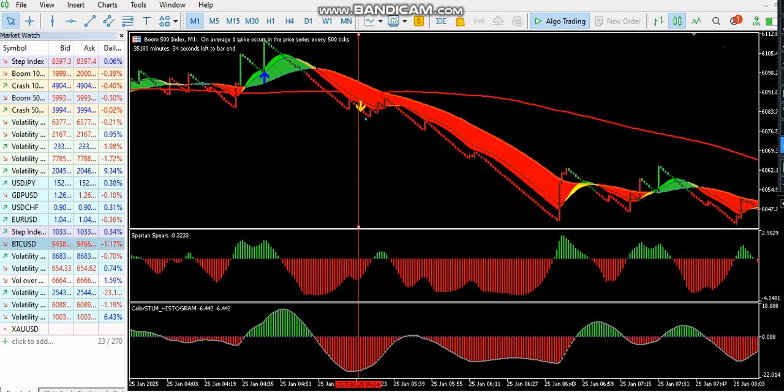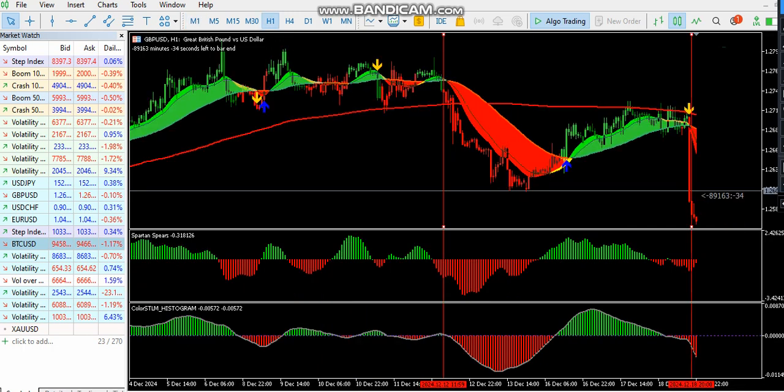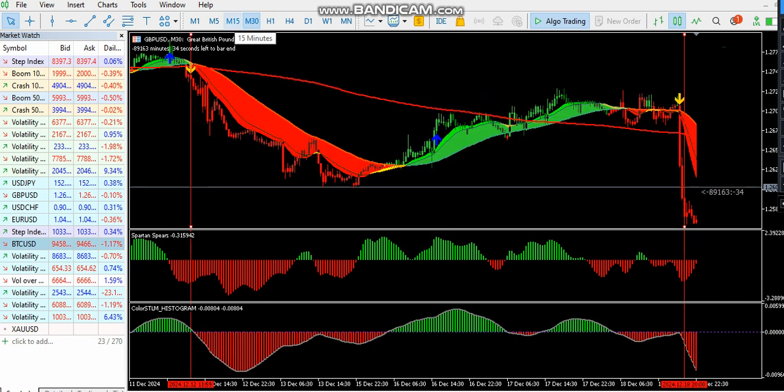Let me show you GBP USD. It works also on gold, mind you, on all currency pairs, but I would like to show you on GBP USD. So this is GBP USD. Now, like I said, even at some point when the arrow does not pop up but the cloud is all in line, you would definitely see an entry.